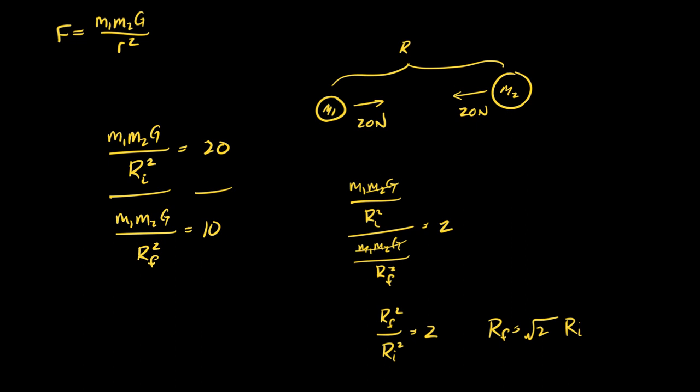Here, you do one. You guys ready to do yours? I have two objects, M1 and M2, currently separated by a distance of 10 meters. I would like to reduce the force by a factor of 4.